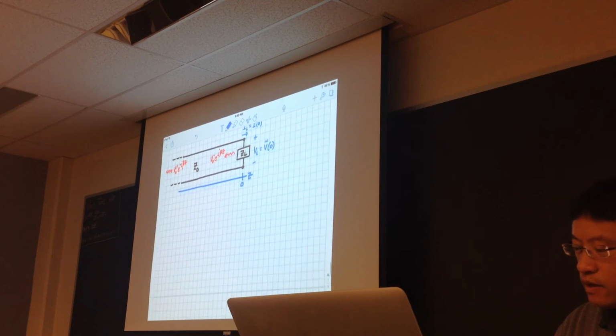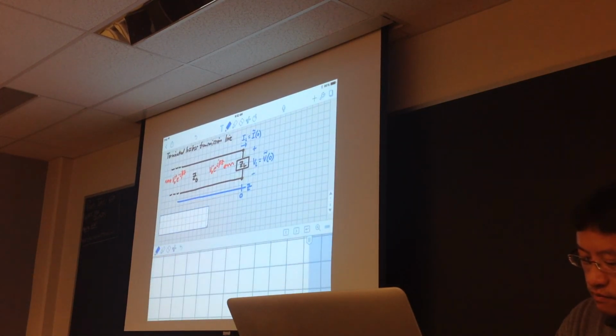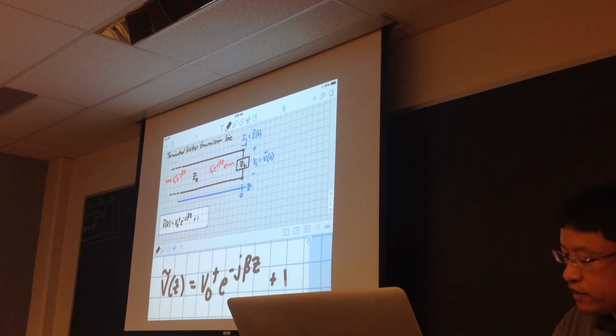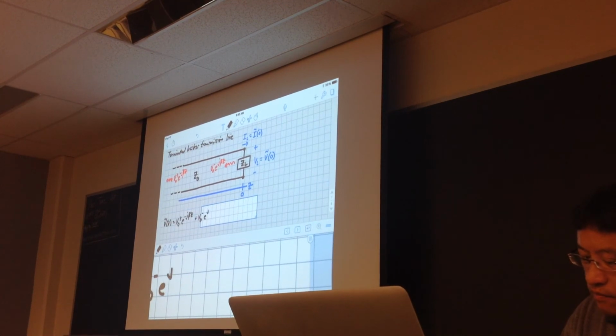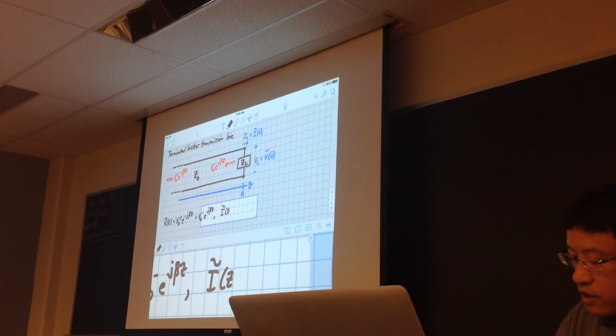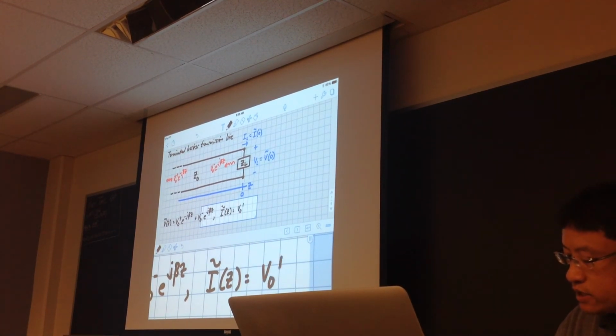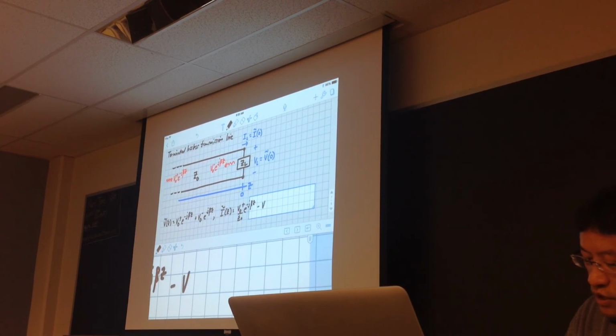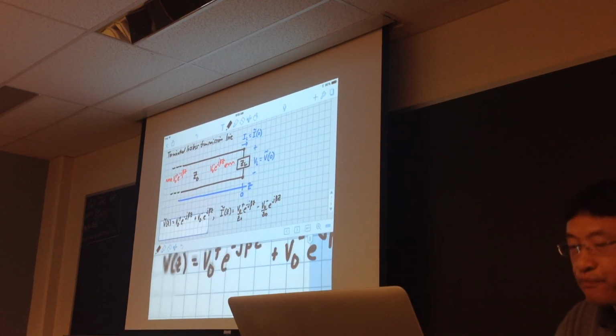V of Z, we know, is V0 plus e to the minus j beta Z plus V0 minus e to the plus j beta Z. And I of Z is V0 plus over Z naught, e to the minus j beta Z, minus V0 minus over Z naught, e to the plus j beta Z. We just derived that.